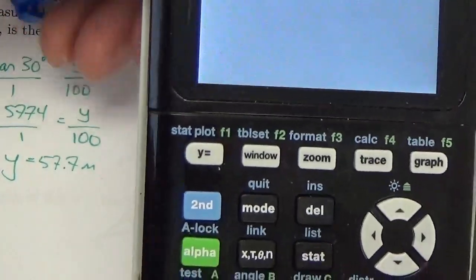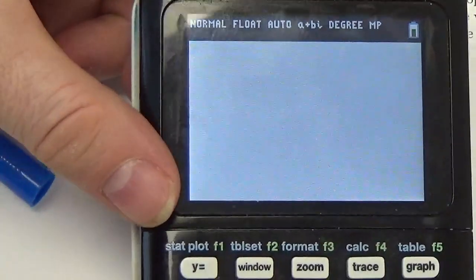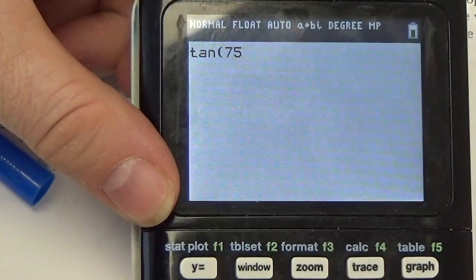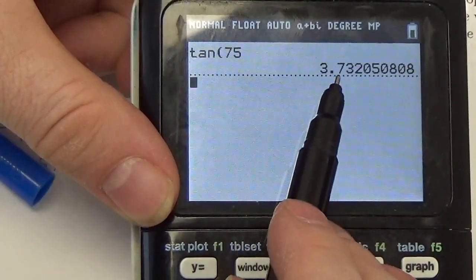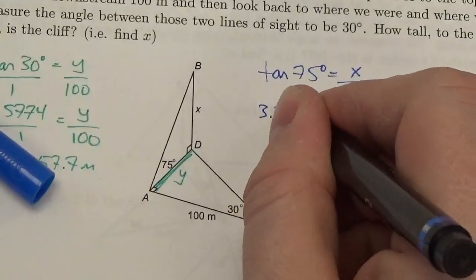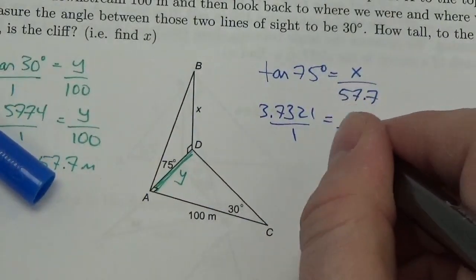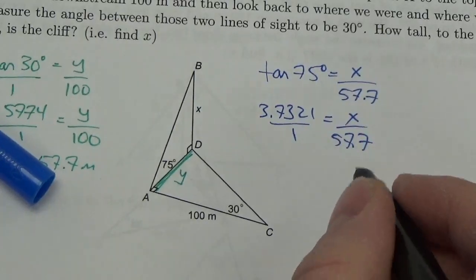So the tangent of 75 is going to be 3.7321. So 3.7321, make that over 1, will equal x over 57.7.